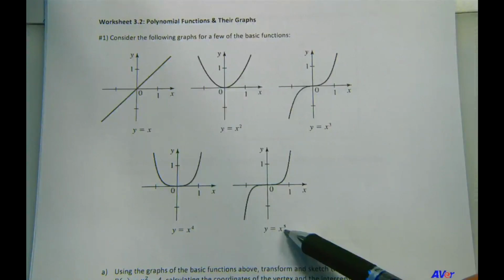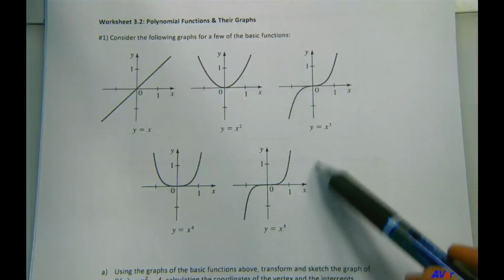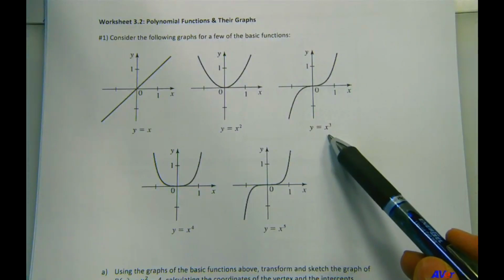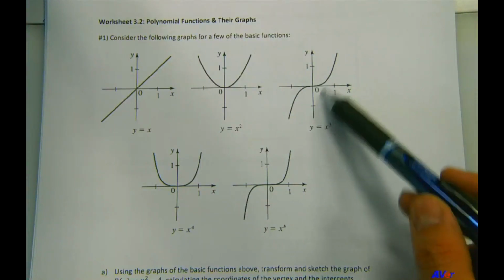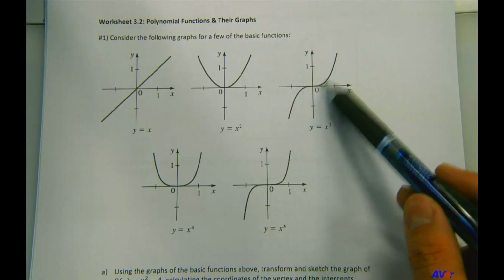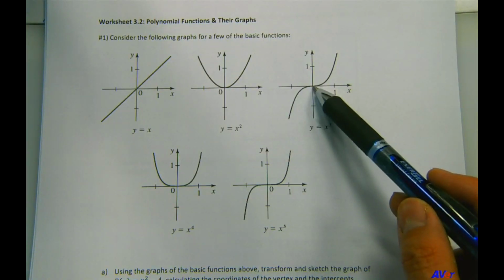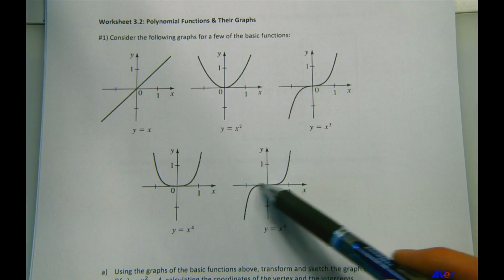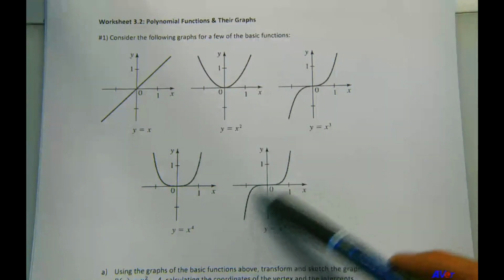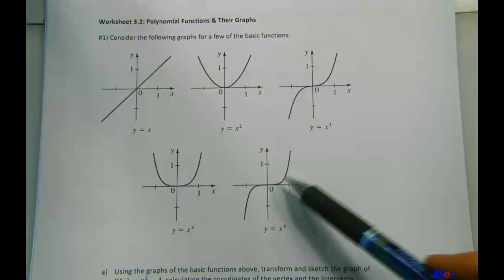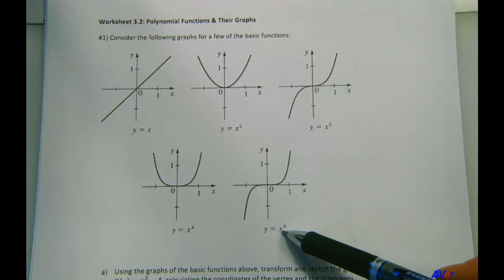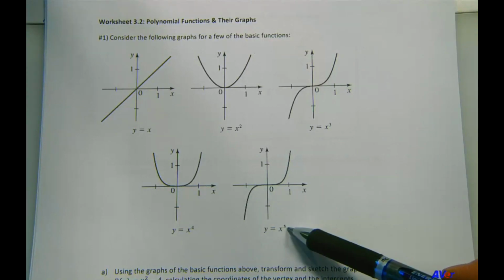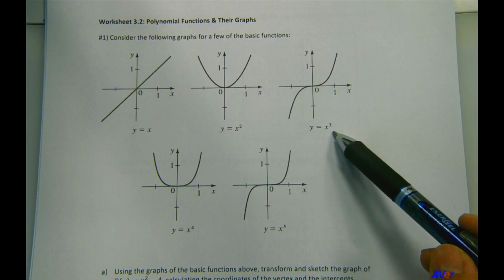And of course, the same happens with the cubic function. With the cubic function, notice how the graph goes through the origin, and that portion of the graph has flattened out even more in this graph. Why do you think that is? Well, here you have x to some odd power 5, which is larger than 3.